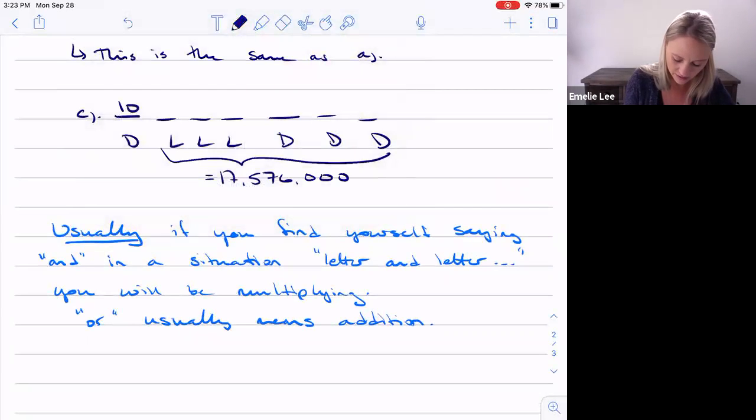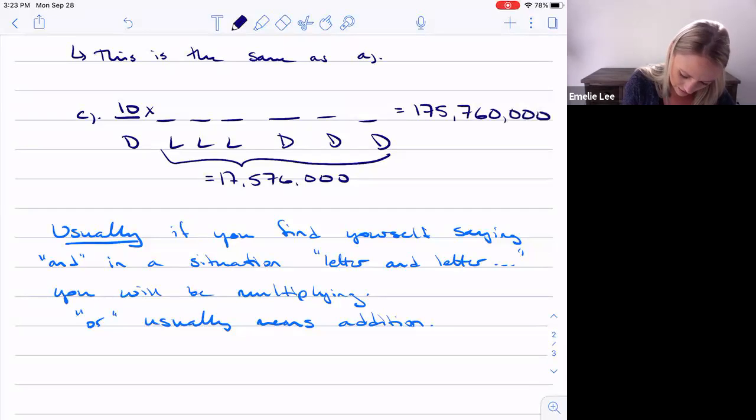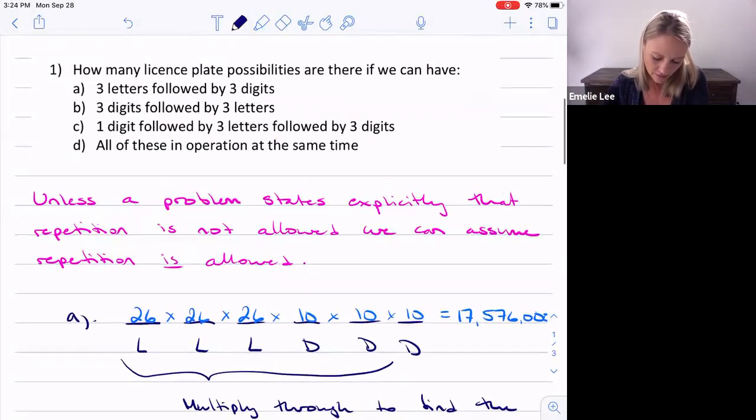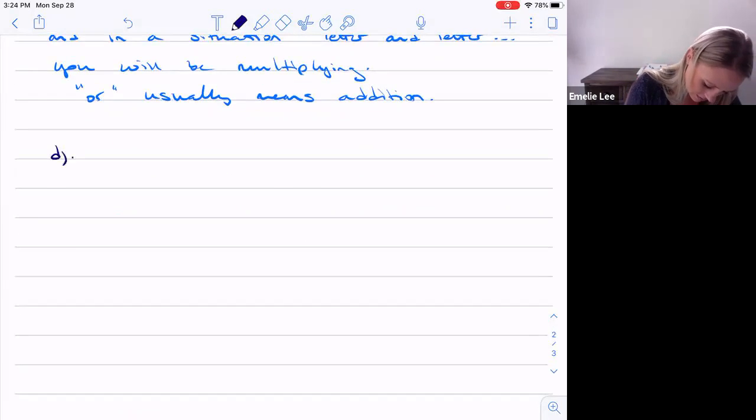So here, going back to C, if I get 10 times 17,576,000, puts me at 175,760,000. And then so here, part D, all of these in operation at the same time, right?